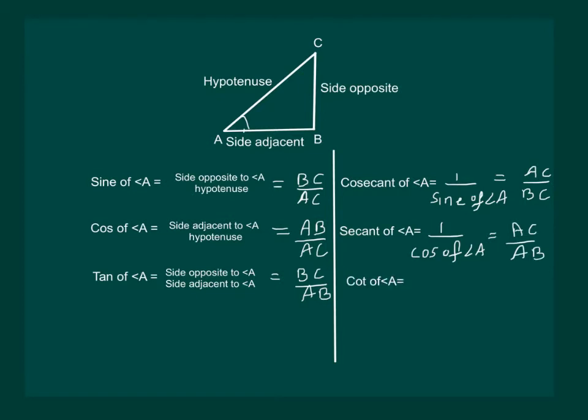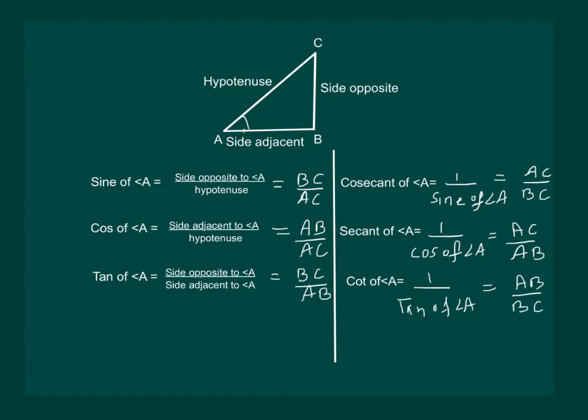And the reciprocal of tan of angle A is cot of angle A, which is equal to 1 by tan of angle A. In terms of ratio, it will be side adjacent to angle A by side opposite to angle A, which is AB by BC.